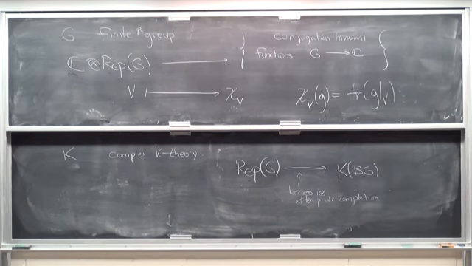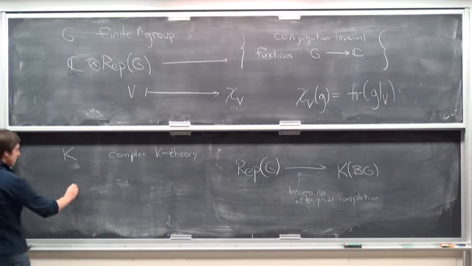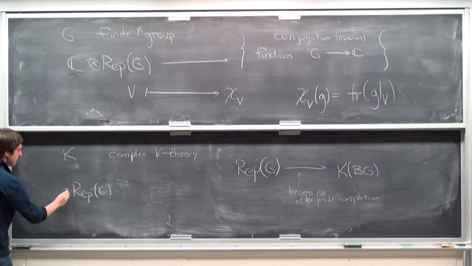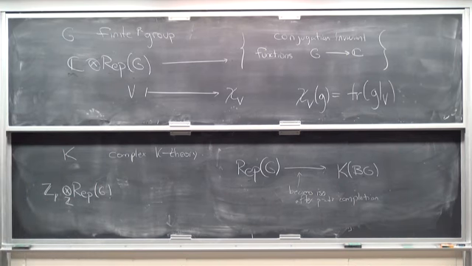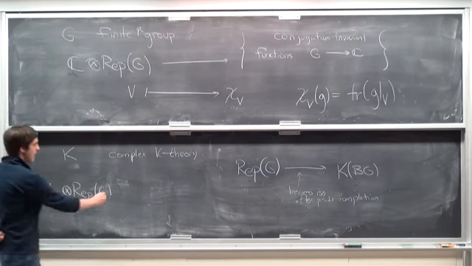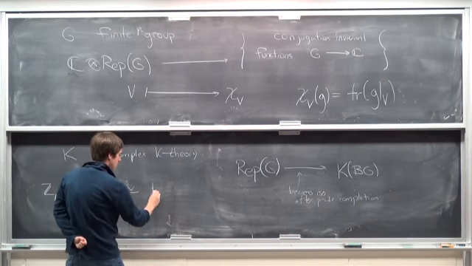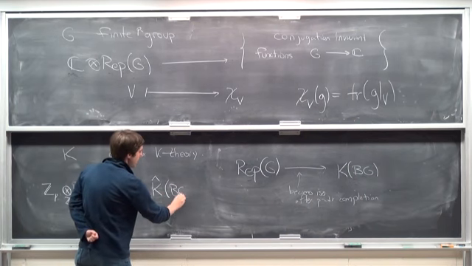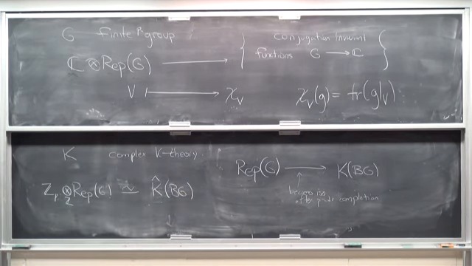Now we have to p-adically complete both sides. So let me write that as follows. The representation ring of G, if we p-adically complete that, is just tensoring over the integers with the p-adic integers. And this is isomorphic to K hat of BG. K hat means p-adically completed K-theory, a different K hat than the one in the previous lecture.